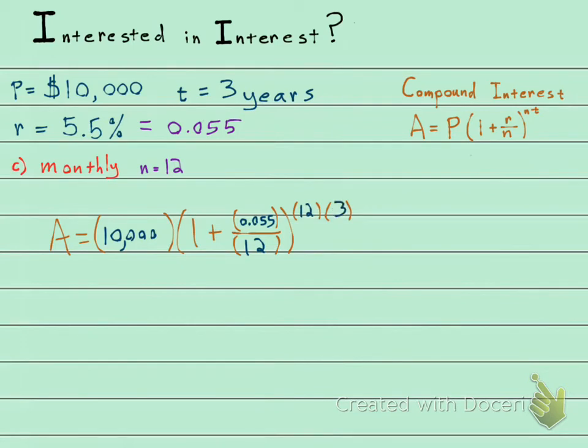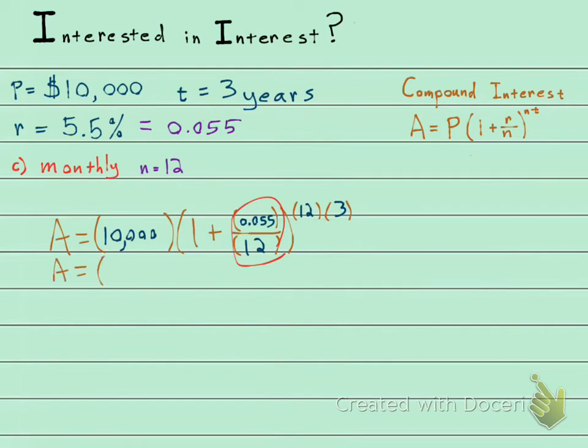All right, I've got some calculator work. Let me do this part first. 0.055 divided by 12. I will add that to 1. Let me double check that because my numbers look a little strange. 0.055 divided by 12. Yep. Add that to 1.